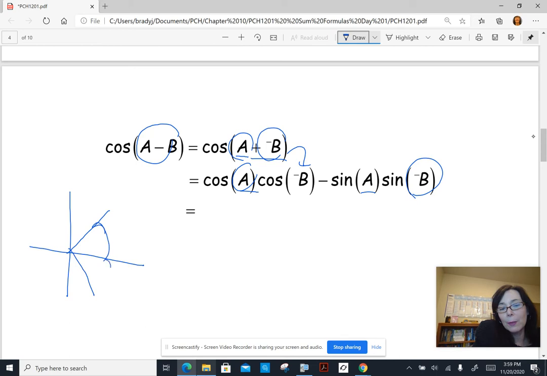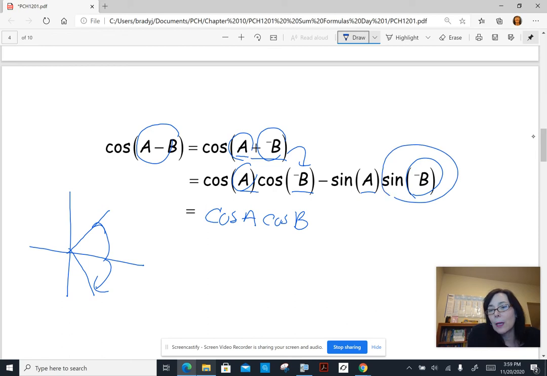If you rotate up and rotate down, the cosines are the same, but the sines are the opposite. So this is cosine A, cosine B, because cosine stays the same when we rotate down instead of up. And then this would be minus sine of B, but you're minusing a minus product, so then it's plus.